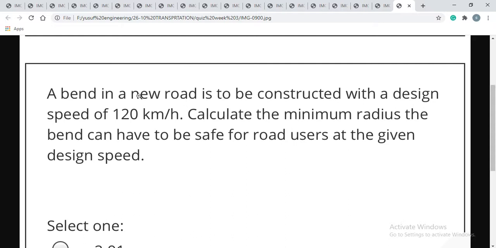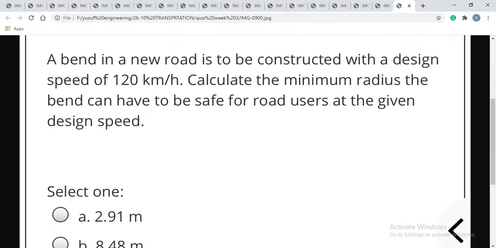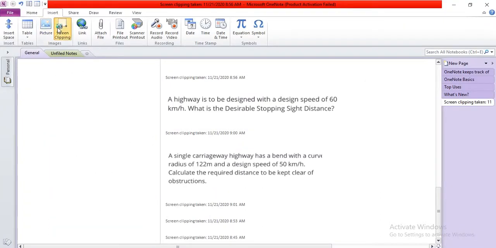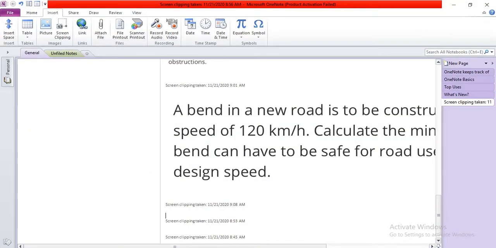A bend in a new road is to be constructed with a design speed of 120. Calculate the minimum radius that the bend can have to be safe for the road users at the given design speed. Okay, I will solve this question.